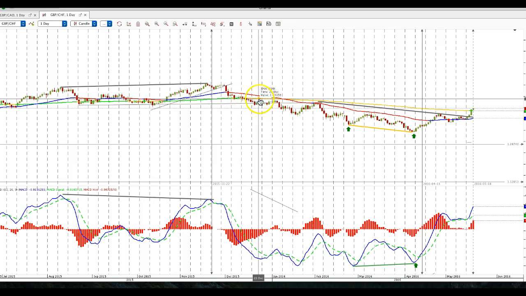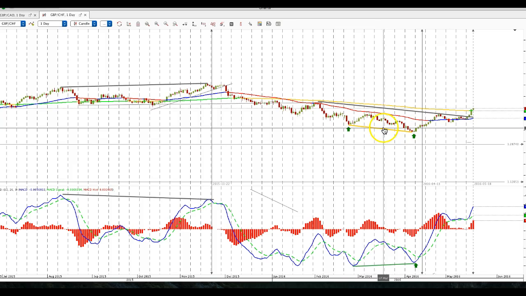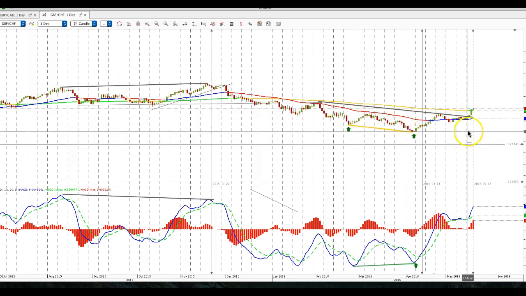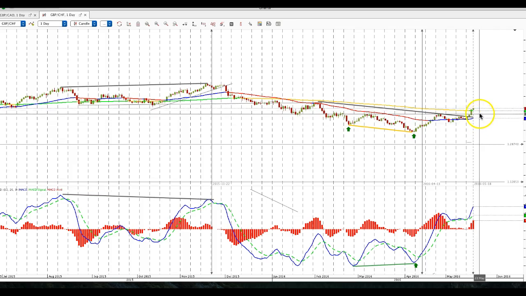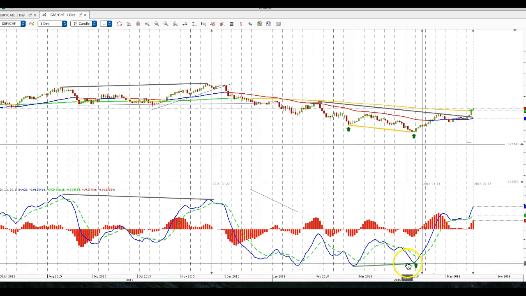Price went below the 200 moving average line and stayed below, and the 50 moving average line. We see the same thing here. Even though the 50 has not crossed above yet on the daily chart, we do have divergence.